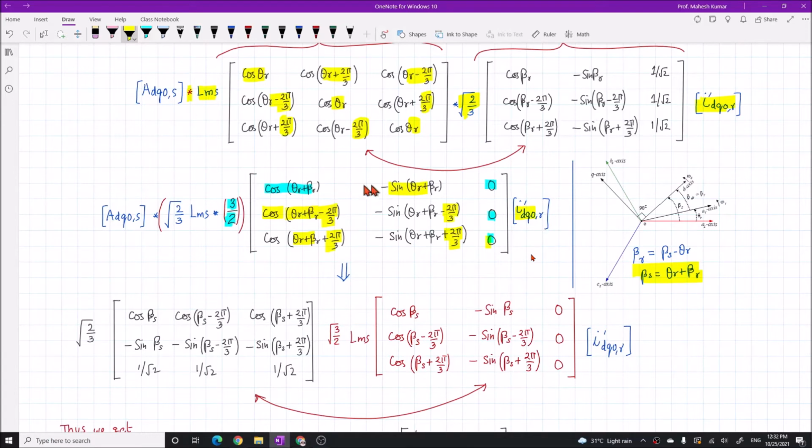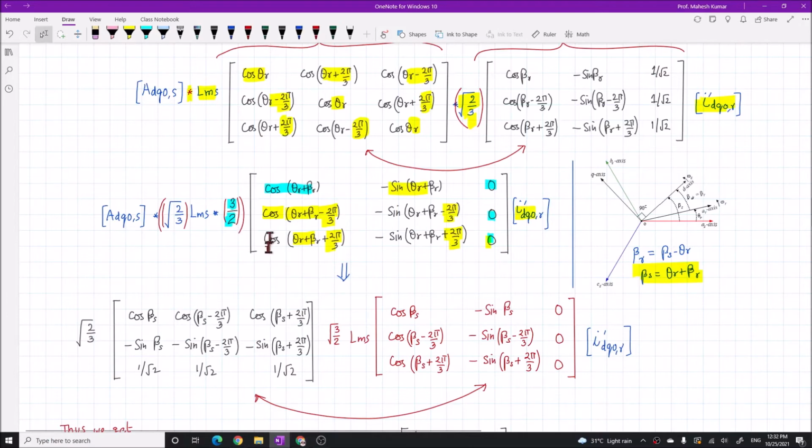3 by 2 is part of this matrix, then root 2 by 3 LMS. Root 2 by 3 is from the matrix, that is coming from here, this one. And 3 by 2 is from the multiplication of this and this matrix.